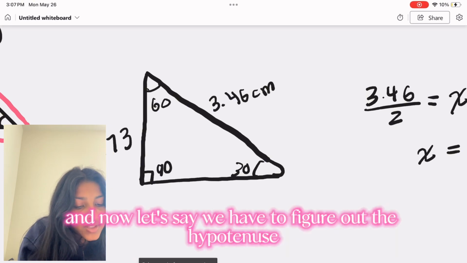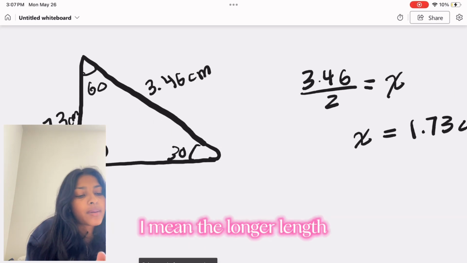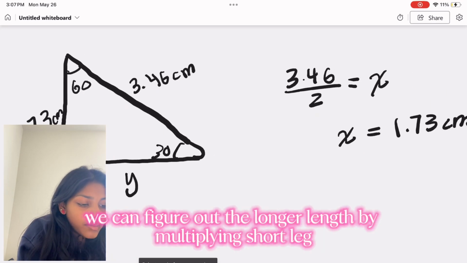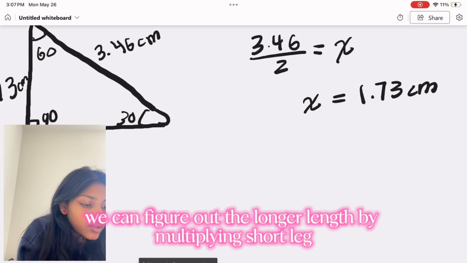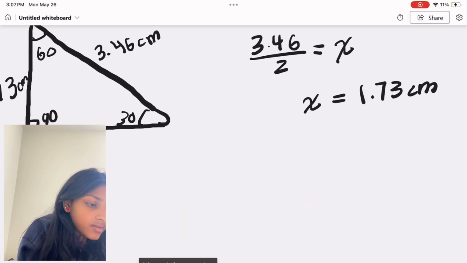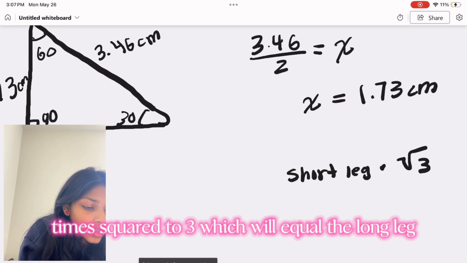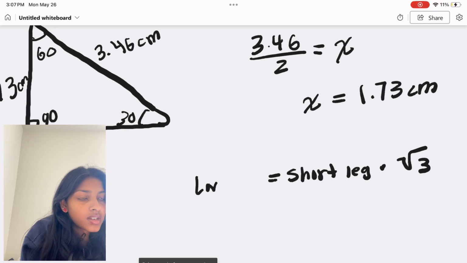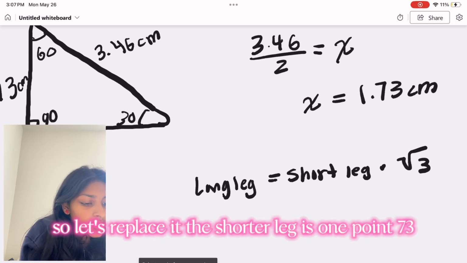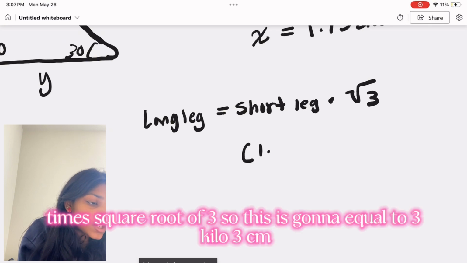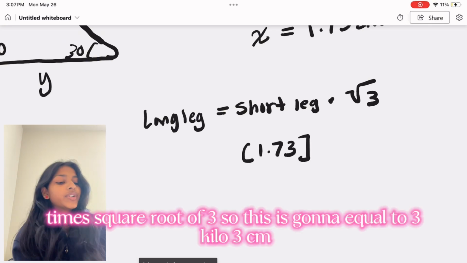And now let's say we have to figure out the longer length. We can figure out the longer length by multiplying the short leg times the square root of 3, which will equal the long leg. So let's replace it. The shorter leg is 1.73 times the square root of 3.